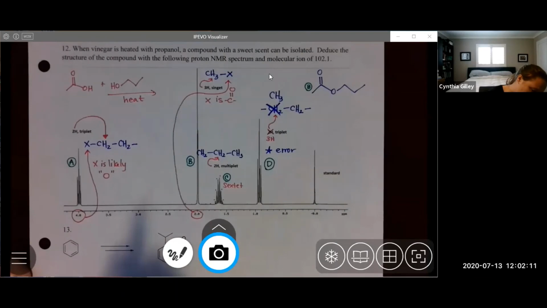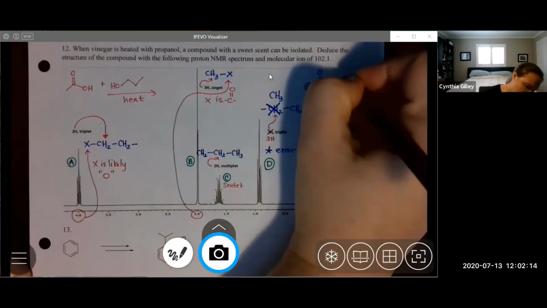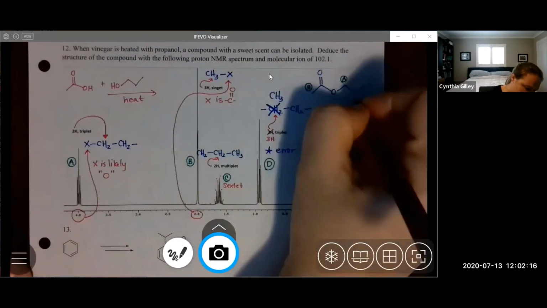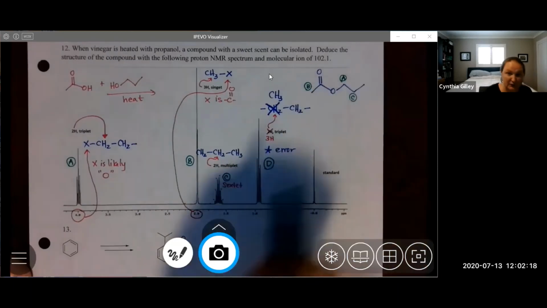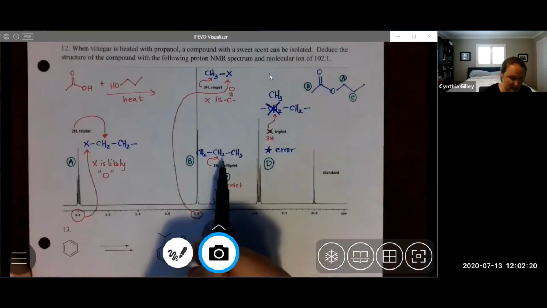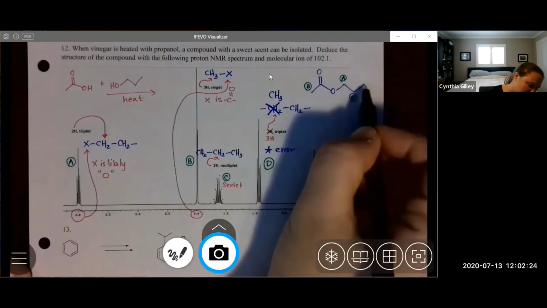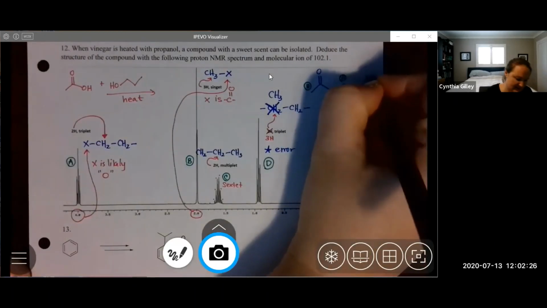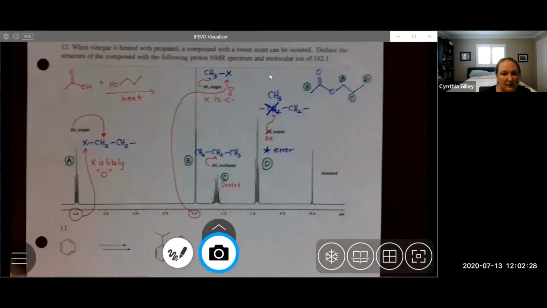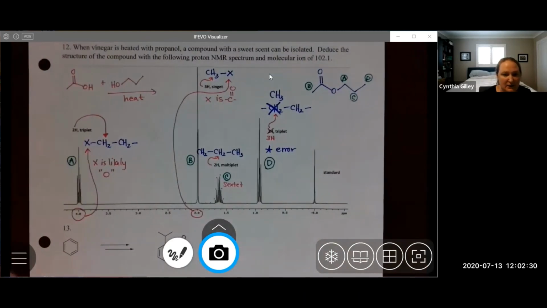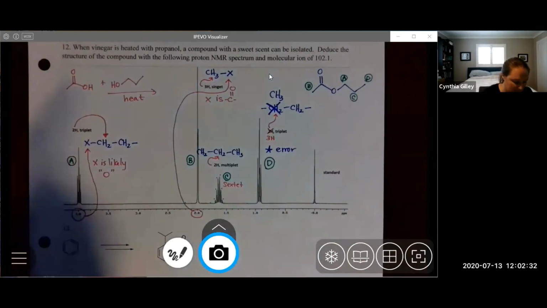This will be A, followed by C, which is a CH2 in between a CH2 and CH3. And then we needed a CH3 at the end, not a CH2. For whatever reason, he just had the integration labeled incorrectly.